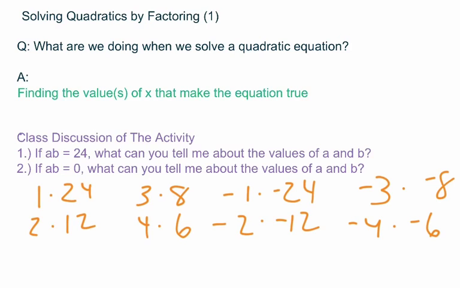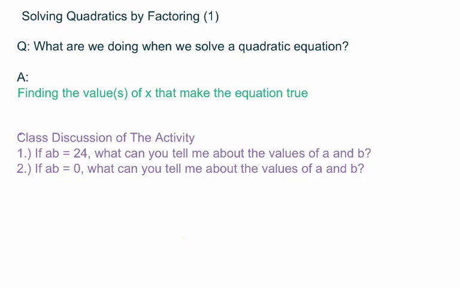Now, the second question plays off of that. If A times B equals 0, what can you tell me about the values of A and B? And what you really need to notice there is that at least one of the two had to be 0. So you could get a 0 by doing 0 times 1, 0 times 2, 0 times 24, and you could do 0 times 0.